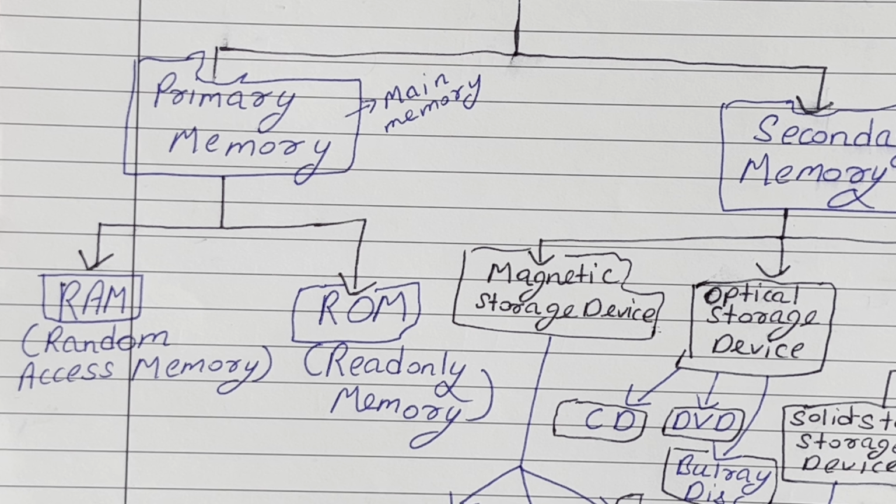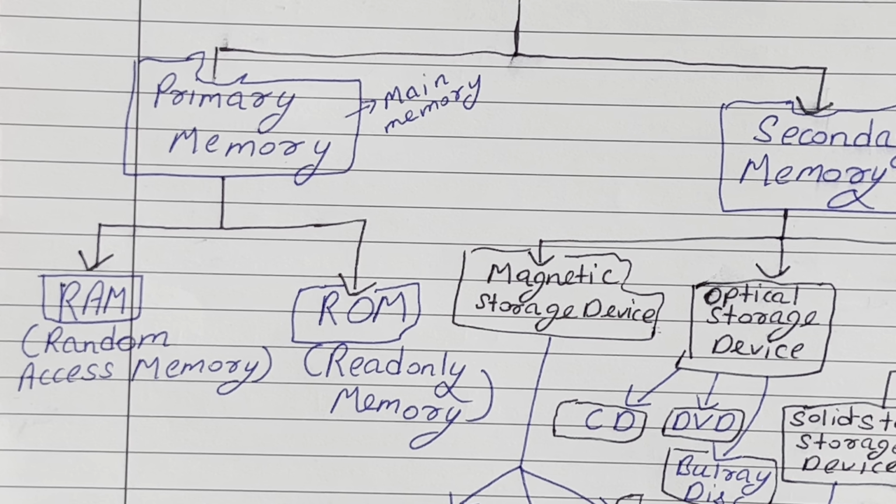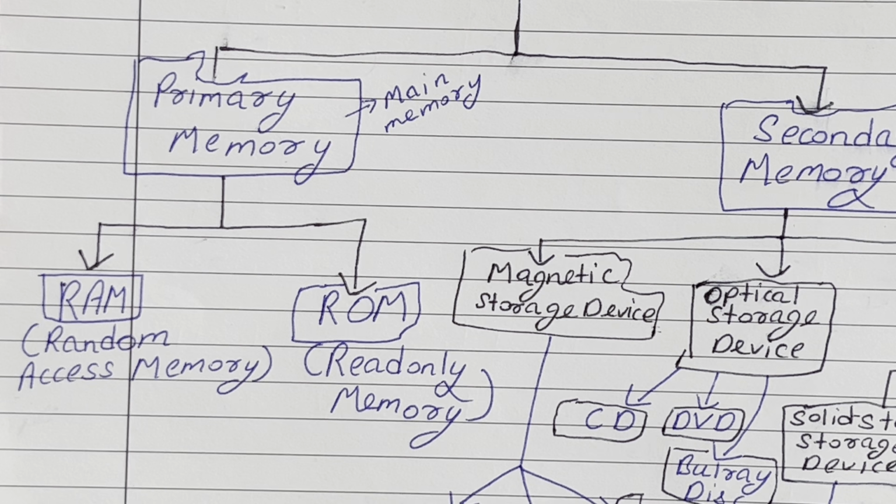Apart from that, it also helps in improving the processing speed. As we know, one of the primary reasons for using RAM is to increase the overall processing speed of the computer, because RAM operates much faster than hard disk or SSD, and the processor spends less time waiting for data. This allows programs to execute more efficiently.